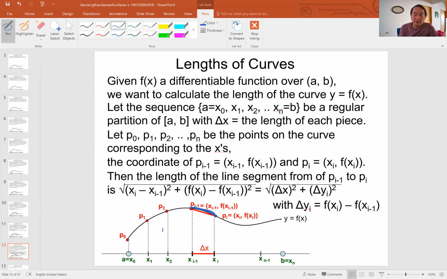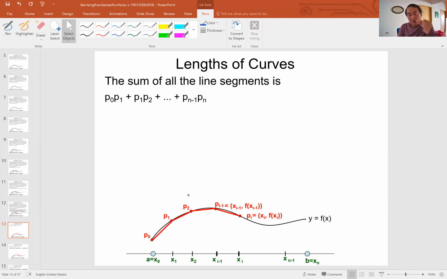Then the entire curve length is approximated by what we call a rectilinear or piecewise linear function. Then we take delta x to 0.